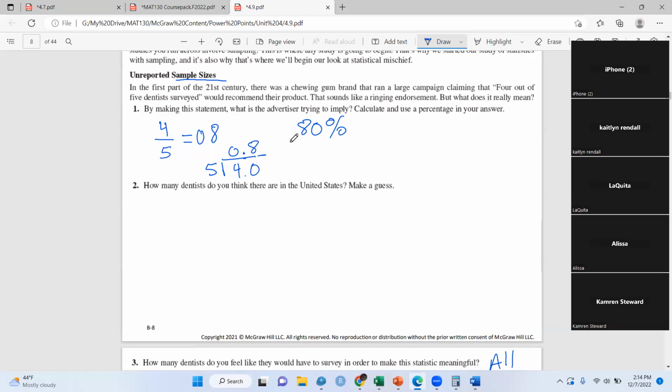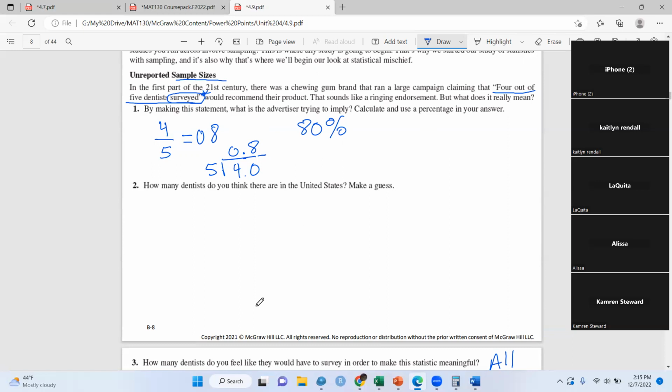So anytime you hear this kind of claim, it's a very suspicious claim. And probably they actually did the survey. And then there's probably a little asterisk and some really fine print down at the bottom that describes it.